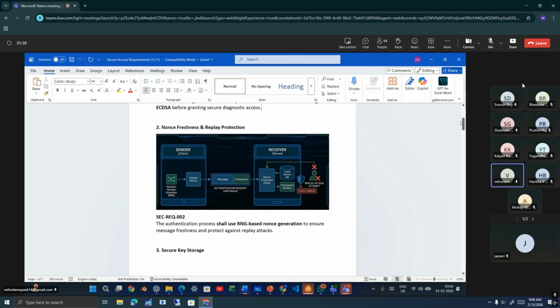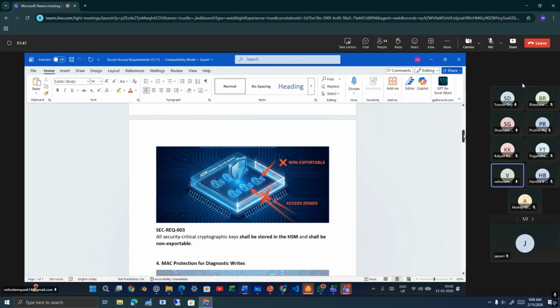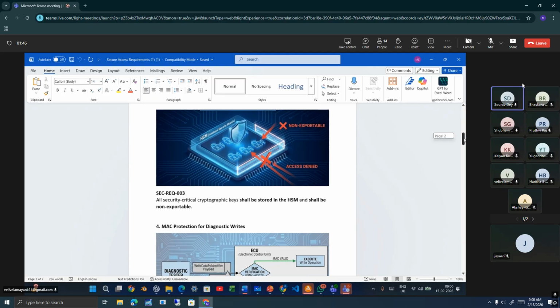Secure key storage. What is the third requirement? It should be stored in a secured place. You need to store the keys at the HSM level. Is secure access required or not? Yes, before writing any data, it is protected with message authentication code protection.